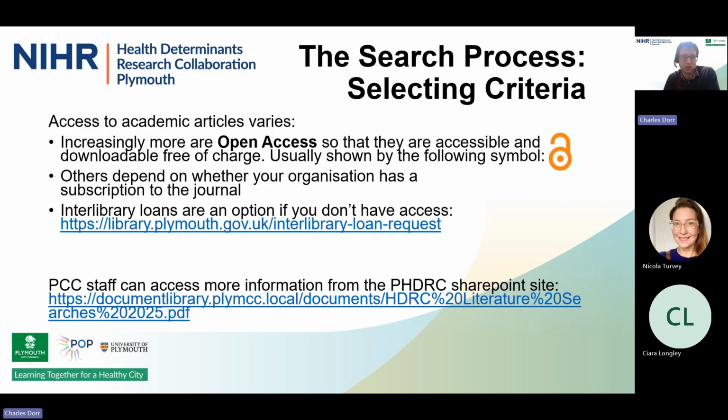Another option that you could potentially look at as well are interlibrary loans. This is just for Plymouth City Council staff, but there is also a link I've included in the slide, which is to further information about sourcing articles and papers for literature reviews.